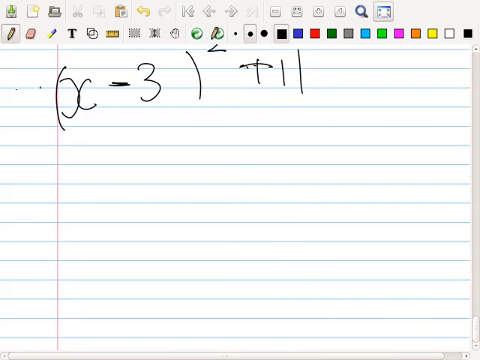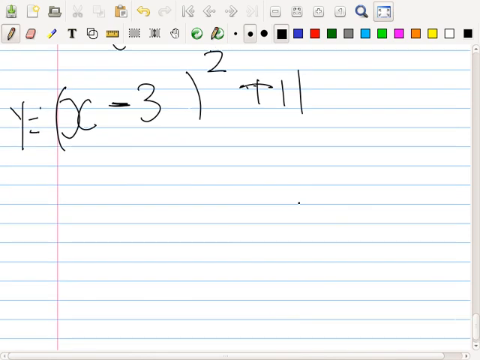So let's take this example here. Y equal to this. If you look at this here, what's the smallest y can be? Y minimum, the smallest it can be. 11.